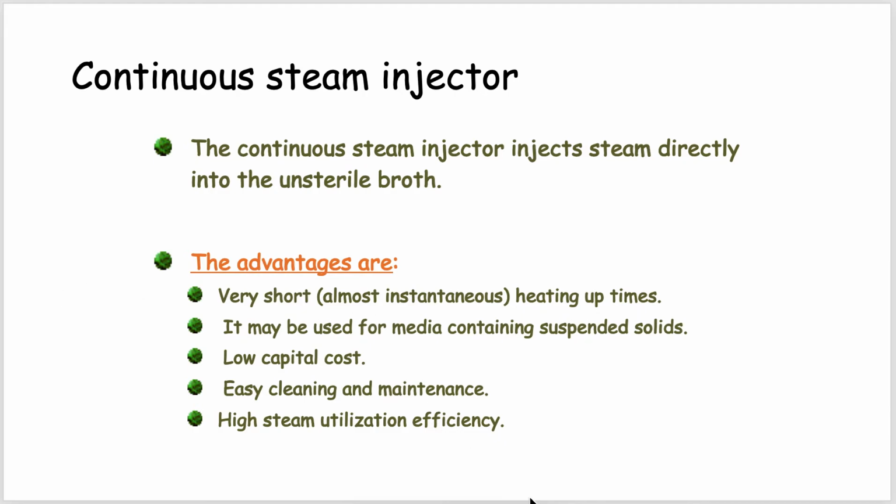Why is it called a direct method of continuous sterilization? Because in this case steam is continuously and directly injected into the unsterile media, which sterilizes the media. And this method has some advantages and disadvantages.